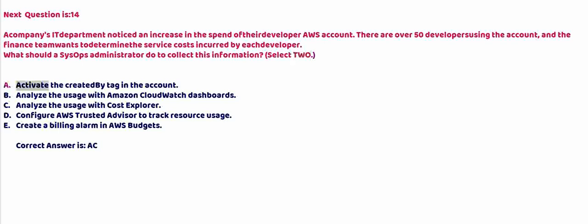A. Activate the created by tag in the account. B. Analyze the usage with Amazon CloudWatch dashboards. C. Analyze the usage with Cost Explorer. D. Configure AWS Trusted Advisor to track resource usage. E. Create a billing alarm in AWS Budgets. Correct answer is A and C.